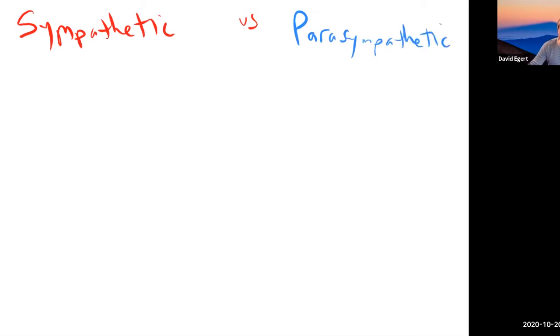I'll try to keep it color coded as well. Sympathetic, that's the fight or flight. That's speed up your heart, dilate your bronchial passages, bring your energy resources online, get sugar into your bloodstream, get ready for danger. That's why I made it red.